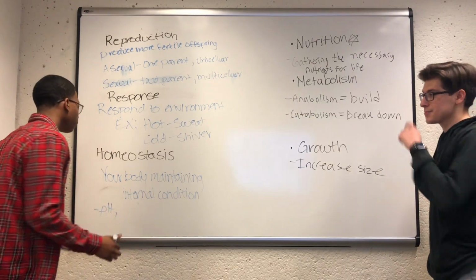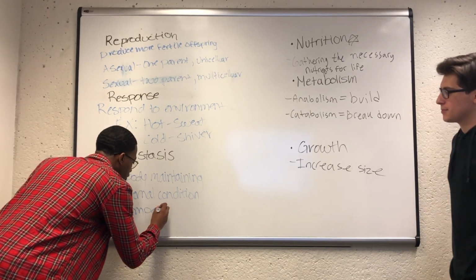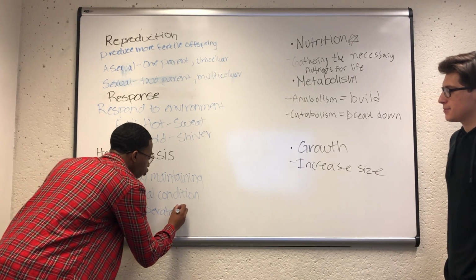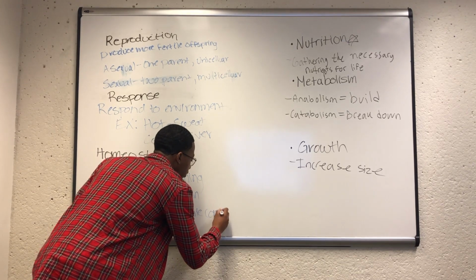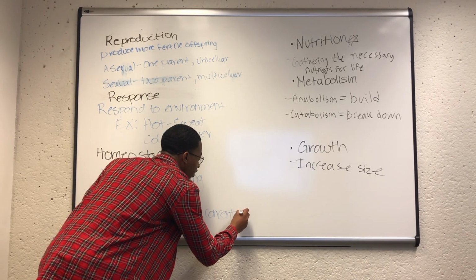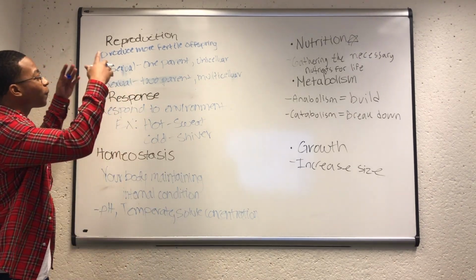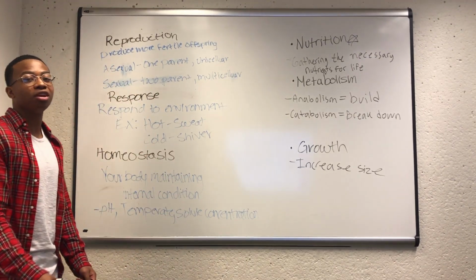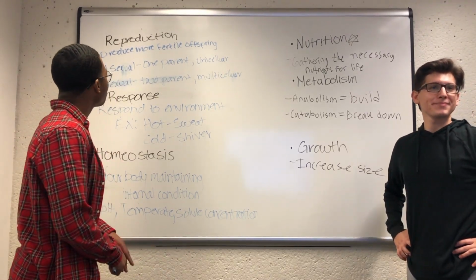Good things to know are temperature, pH, and solute concentration, and you'll learn later why these are important and the specific roles each plays in your body. So those are the six essentials of life.